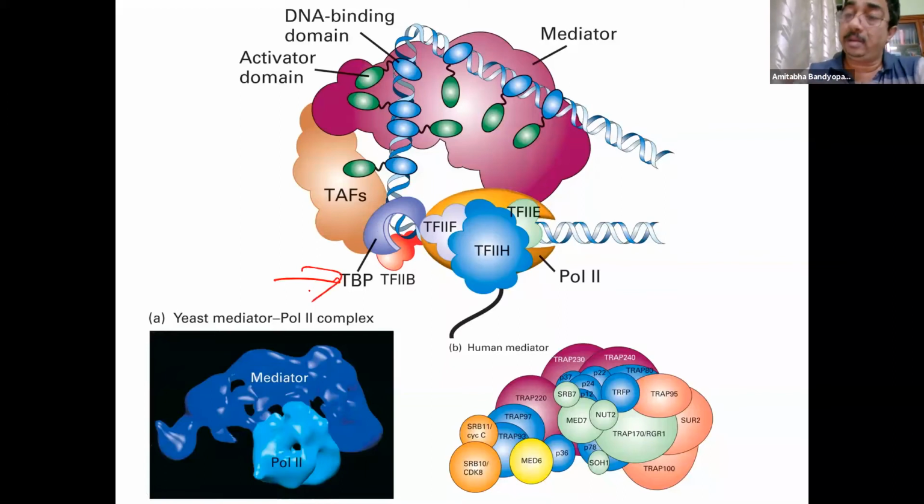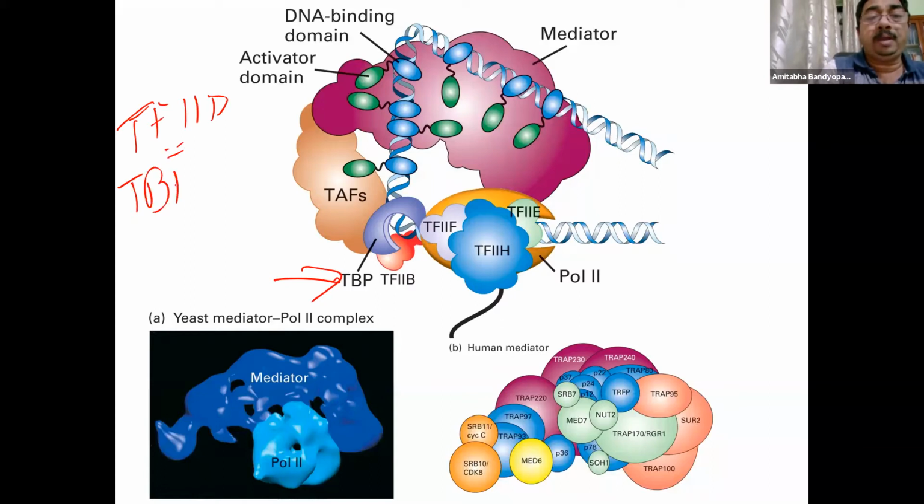There are other proteins. So TF2D is equal to TBP plus TATA associated factors. It's a multi-subunit protein complex, so there are multiple TATA associated factors.